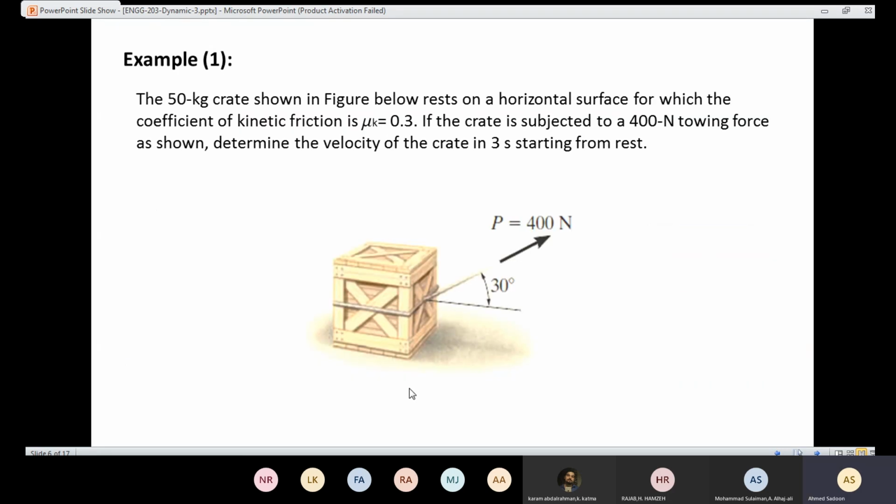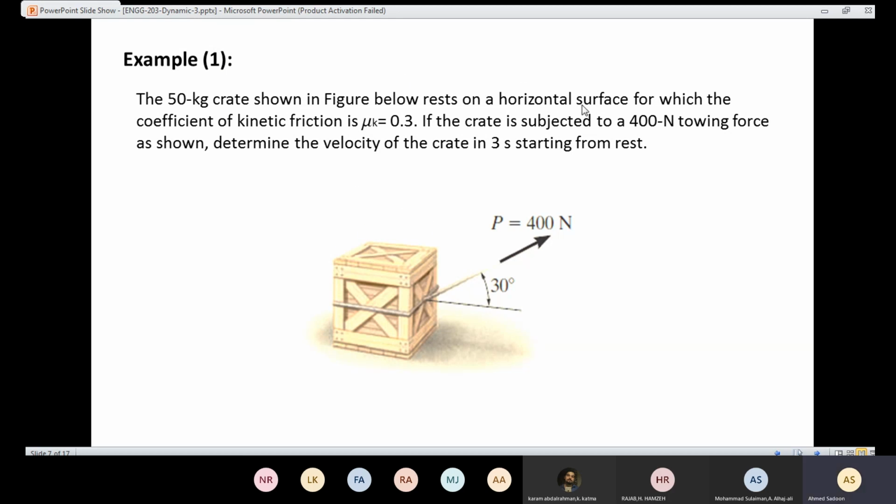So now let's solve an example so that we are going to develop skills in order to use the equation of the equilibrium for particles that are on the move. So here we have a crate with 50 kilograms. Here we have a box with 50 kilograms in the figure below.